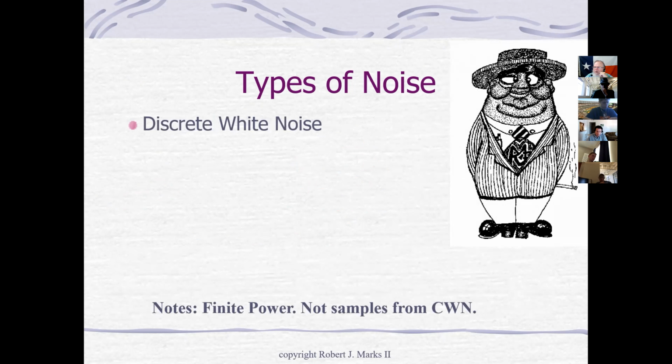Now, discrete white noise is a little bit different animal, because the autocorrelation for discrete white noise is equal to the second moment times a Kronecker delta. Now, Kronecker delta, if you recall, is equal to 1 for n equal to 0, and it's equal to 0 for n not equal to 0.